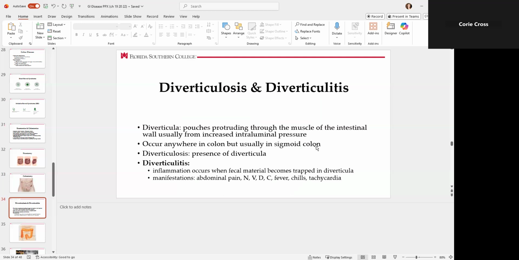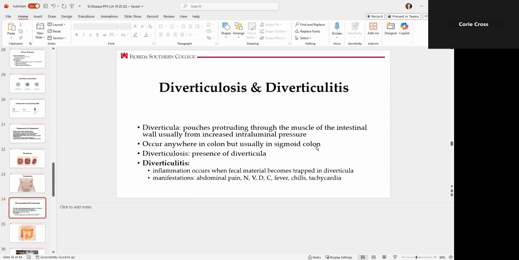diverticulosis and diverticulitis. Diverticula are caused by increased pressure within the intestinal lumen. Usually, they're asymptomatic. Diverticulosis is when someone has diverticula. Diverticulitis occurs when those diverticula become inflamed, possibly from trapped stool or bacteria.